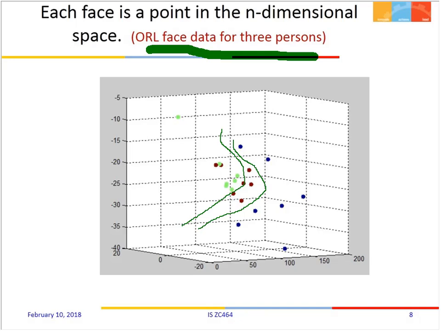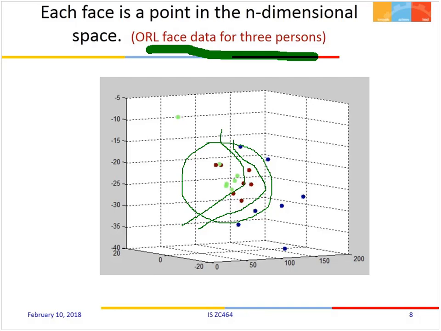Maybe you took something like chin shape, but it is confusing, and that is where the people are lying in the three-dimensional space very close. Maybe chin shape is not a very good feature to use for classification. But if it is used, then also we have some kind of similarity among the patterns of one person. That is why they are clustering together.